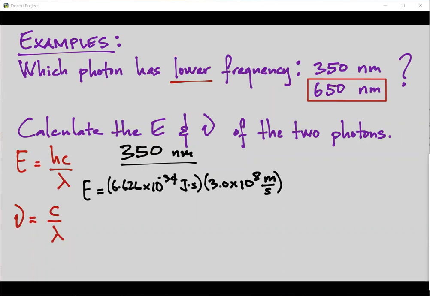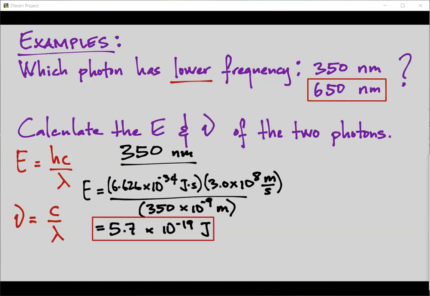All you have to do is replace the nano prefix with its numerical value, which is times 10 to the negative 9. So you're essentially multiplying 350 by 10 to the negative 9. That's how you quickly convert nanometers to meters. Then plug this into the calculator, and what you get is 5.7 times 10 to the negative 19 joules.